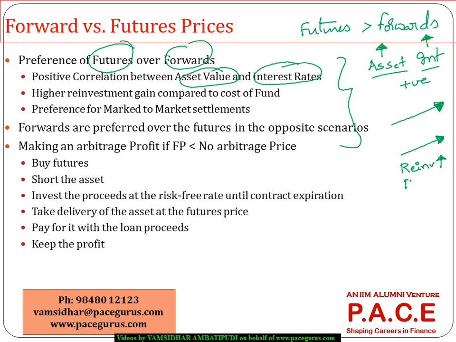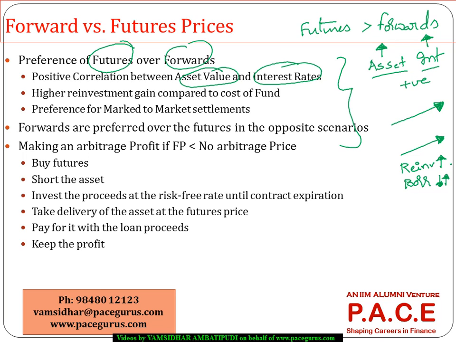The borrowing rates right now will be lower, meaning at a later point the borrowing rates are also going to go up. Now what I could very well do is borrow the money now, because the current borrowing rates are much lower, since there is a positive relationship between the asset prices and the interest rates.